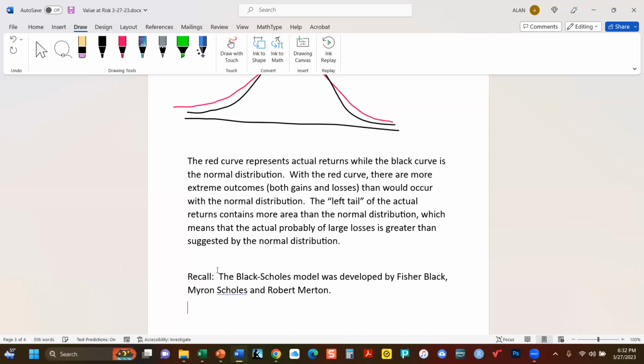So by the time the Nobel Prizes were handed out, he was gone. So Scholes and Merton shared the Nobel Prize in economics in 1997, when Fisher Black had already died. Okay, great.